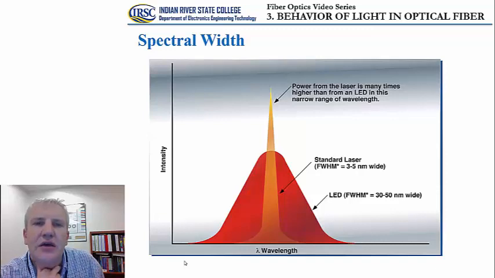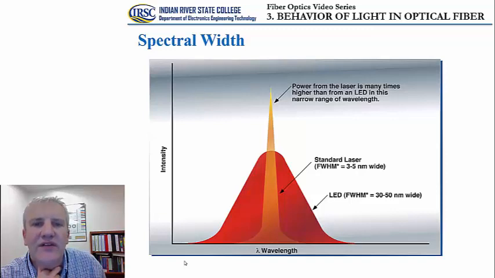So let's put spectral width and chromatic dispersion into the perspective here. So we've seen that due to the fact that we are transmitting different wavelengths around the nominal wavelength in a certain range would result in chromatic dispersion or spreading of the pulse. So in other words, we are very interested in reducing the spectral width of the light that is being used to transmit information along the optical fiber.